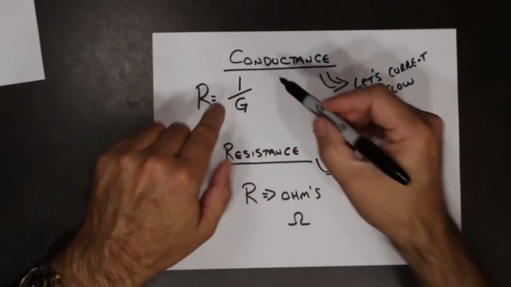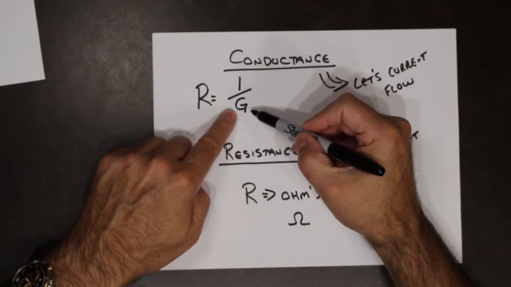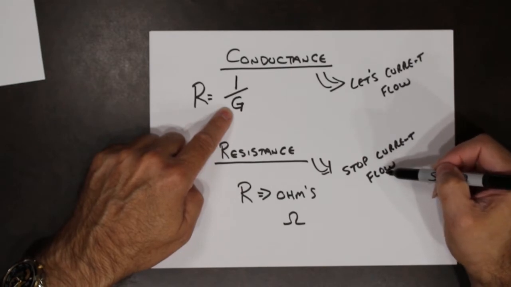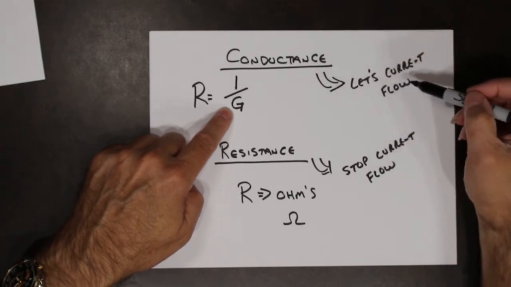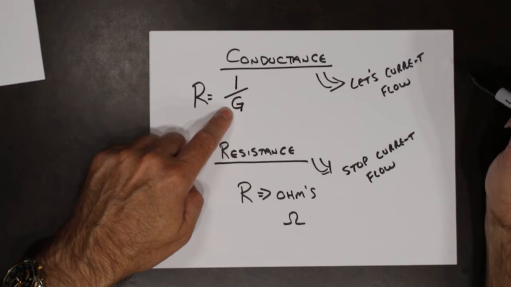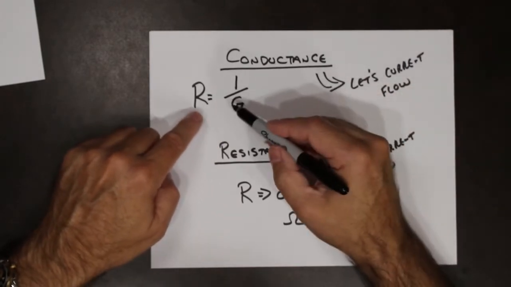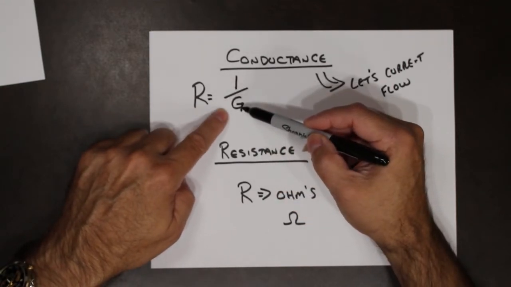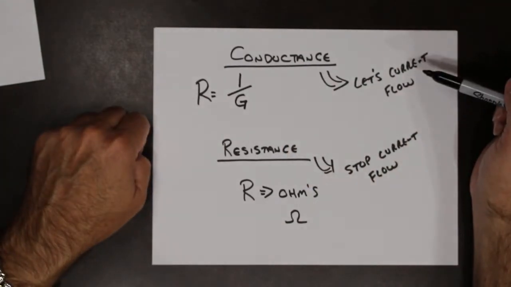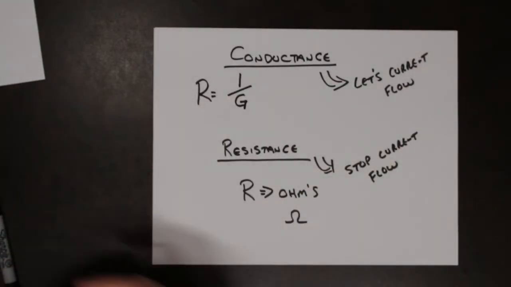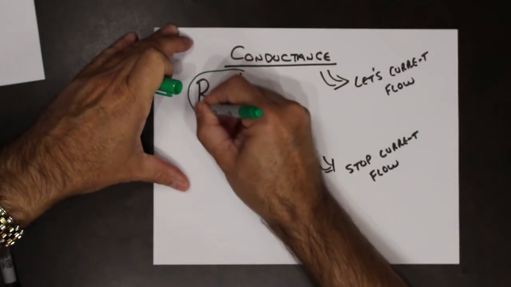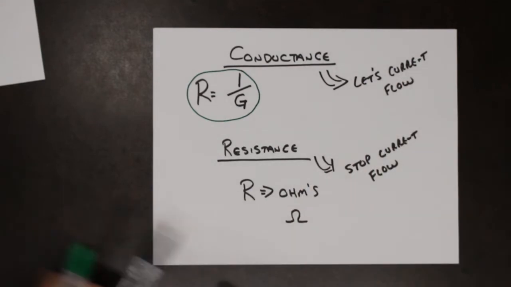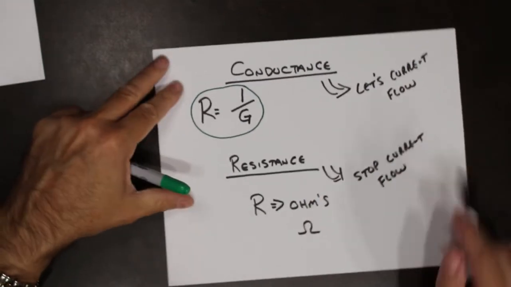Resistance is the complete opposite of conductance, so it's the reciprocal. One tries to stop current from flowing, one tries to let current flow. So resistance is 1 over G, or conductance is 1 over R. They are the complete reciprocal of each other.